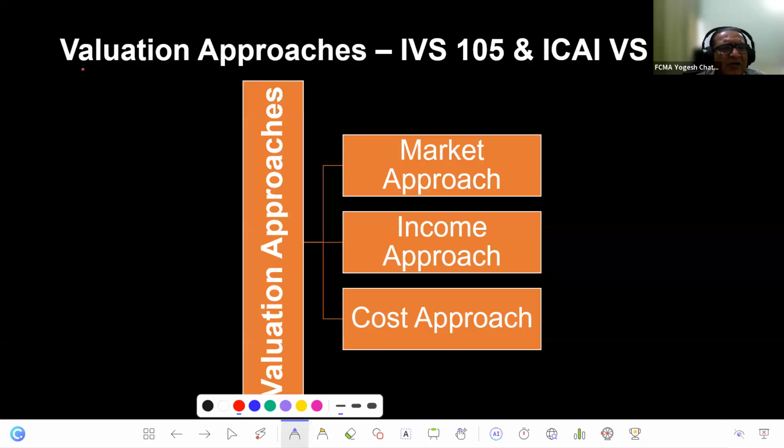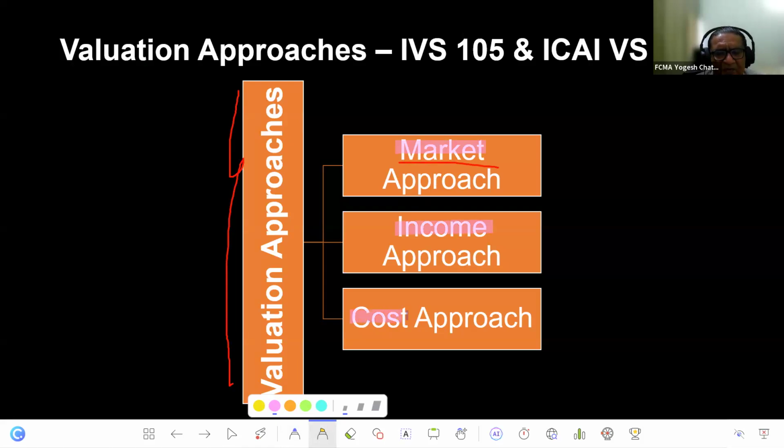Now we will go to the valuation approaches. As we are all aware, there are three approaches of valuation: the market approach, the income approach, and the cost approach. These are recognized globally.